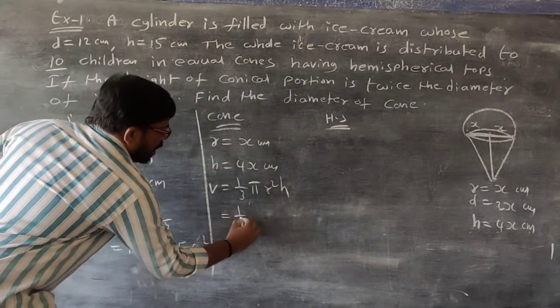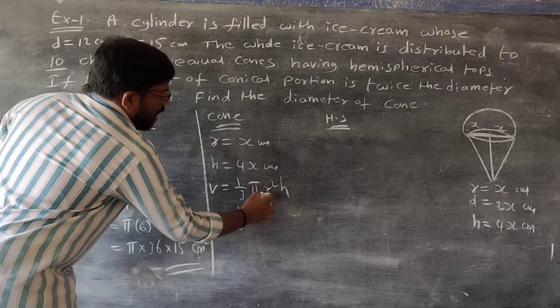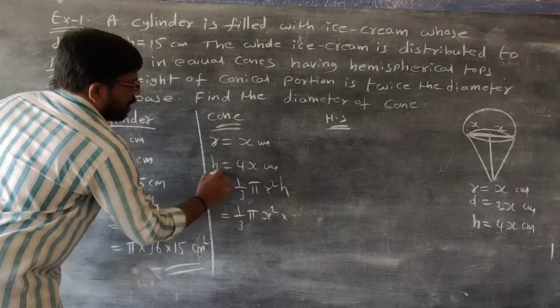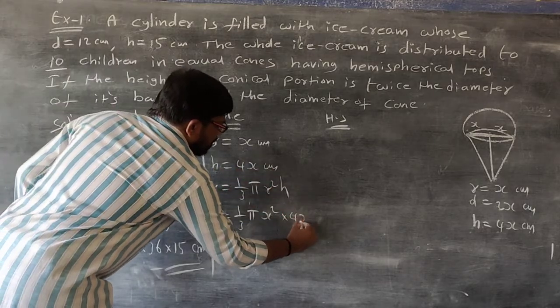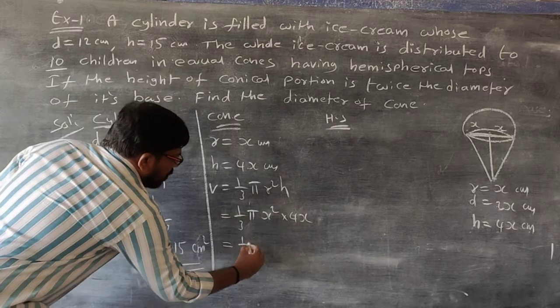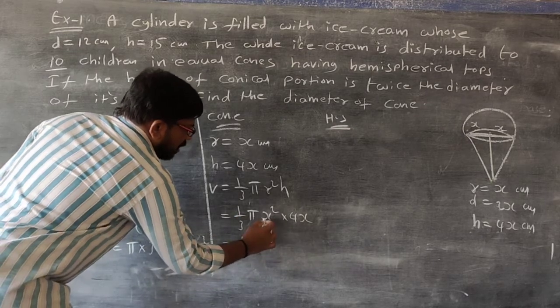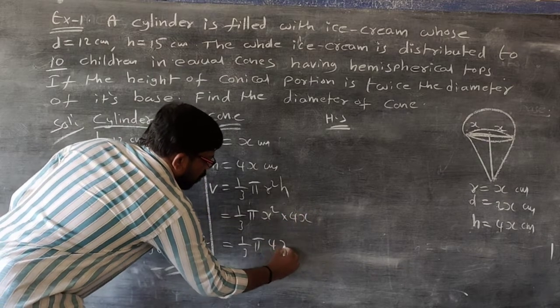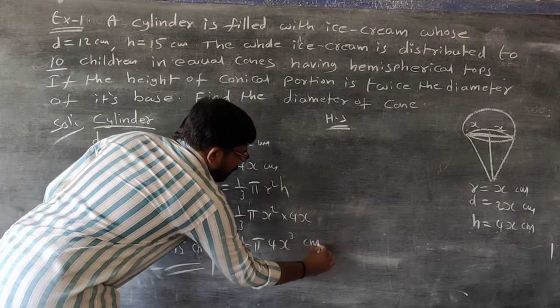That is equal to 1/3 pi r square, r means x square, into h means 4x, right? That is equal to 1/3 pi x square into 4x, that is 4/3 pi x cube centimeter cube.